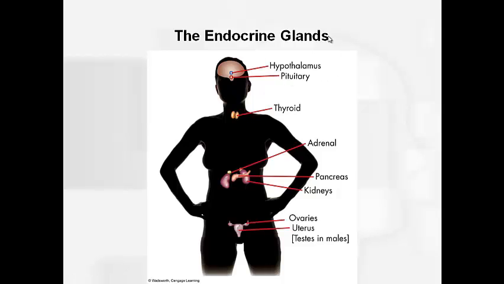So the pituitary controls all the other glands, including the thyroid, the adrenal gland, the pancreas, the kidneys, the ovaries, and the uterus. Of course, testes in males, and the ovaries and uterus would be in females. So the pituitary controls all the other glands, but the hypothalamus directly controls the pituitary.